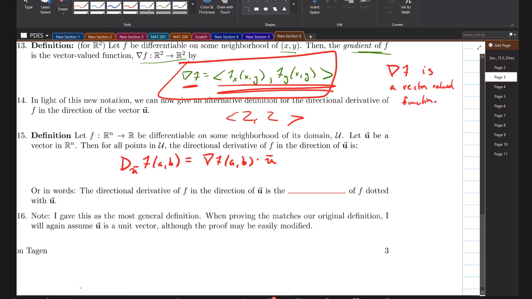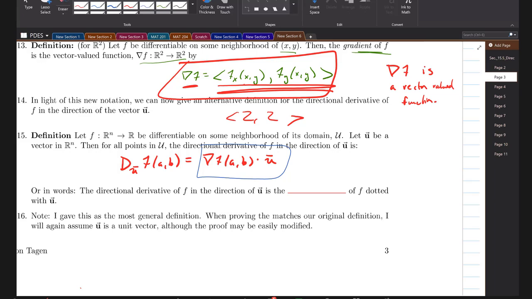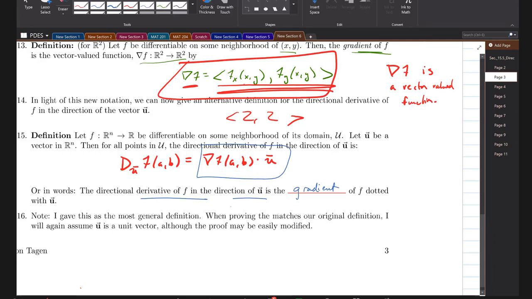And this is how we're going to compute our directional derivative from here on out. Okay. In other words, if you want to compute the directional derivative of f in the direction of u, you're going to take the gradient of f dotted with u.